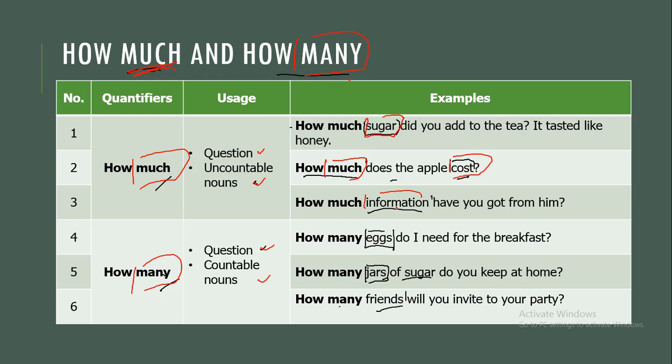If you want to count it, you say a piece of information. And then how many eggs, absolutely eggs are countable nouns. And then how many jars, even though we have got the sugar here, the focus is on the jars, so that's why we say how many jars of sugar. How many friends, everybody knows friends are always countable.